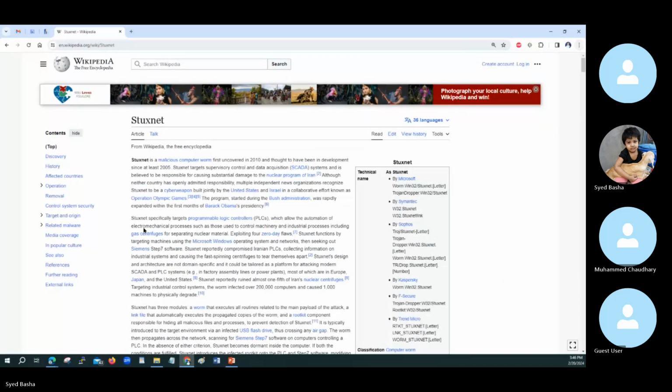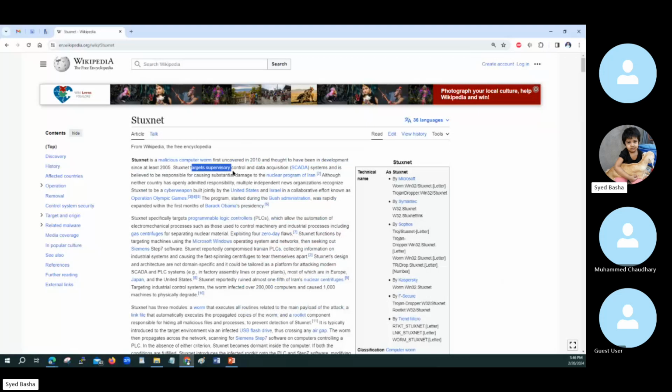Let's say, see, Stuxnet is a malicious computer worm first uncovered in the year 2010 and thought to have been developed since at least 2005. See how many years they were trying this, developing the program. It took them 5 years just to develop the program.